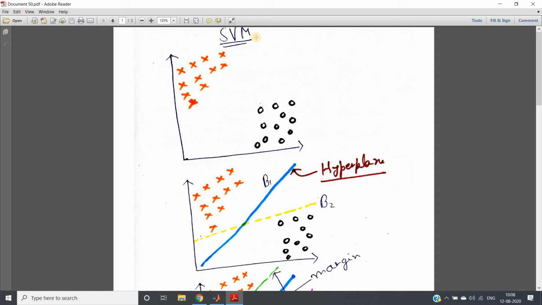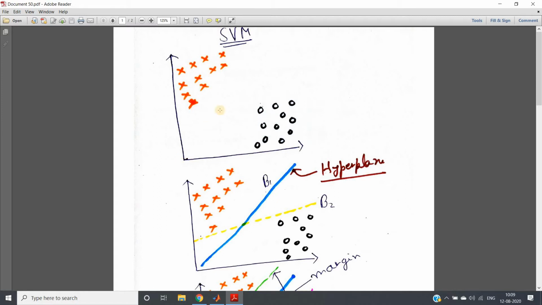What support vector machine does is it tries to find one hyperplane. A hyperplane is nothing but a simple plane which we use to divide our two classes properly. Here, this is one sector and this is another sector.